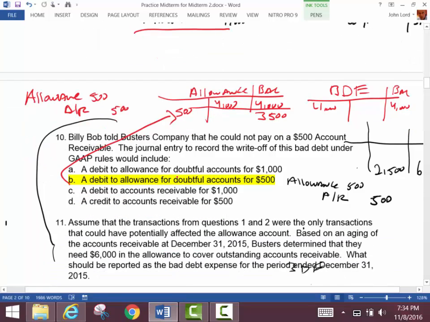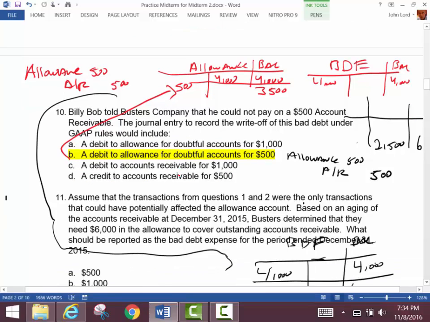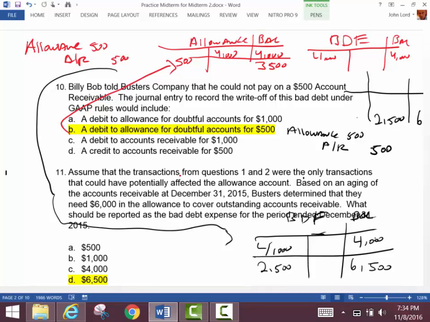And then we say, number 11, assume that transactions from 1 and 2 were the only transactions that could have potentially affected the allowance account. Based on an aging of the accounts receivable, December 31st, 2015, Buster's determined that they need $6,000 in the allowance.